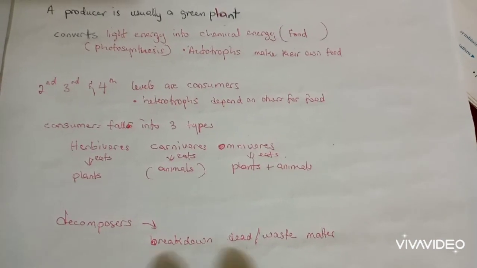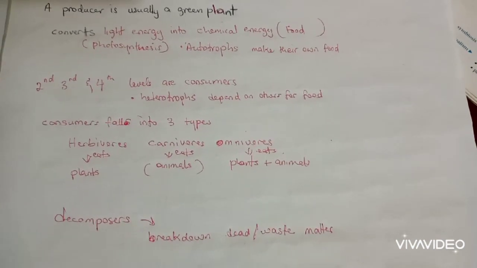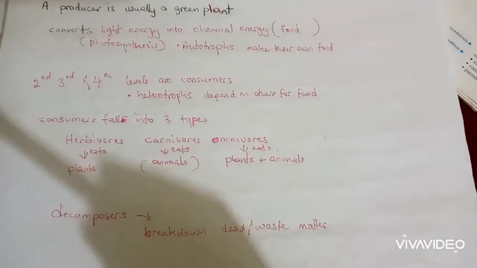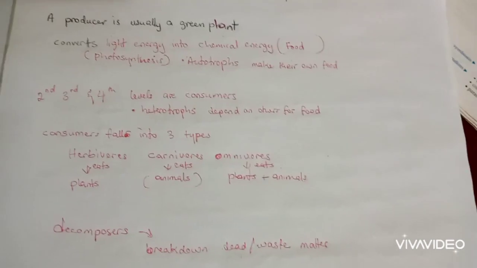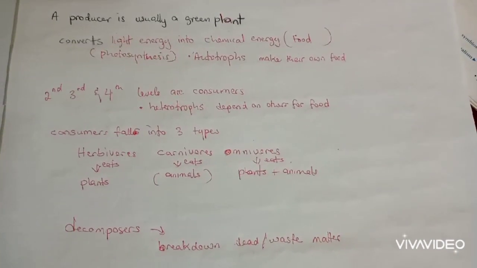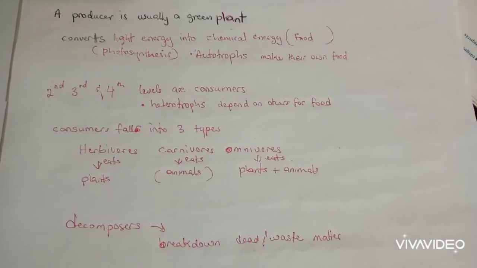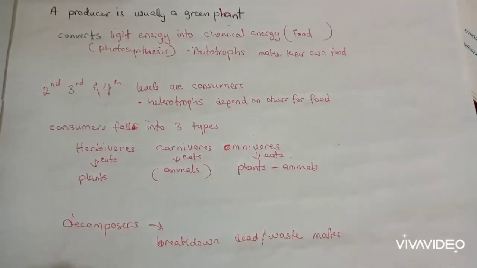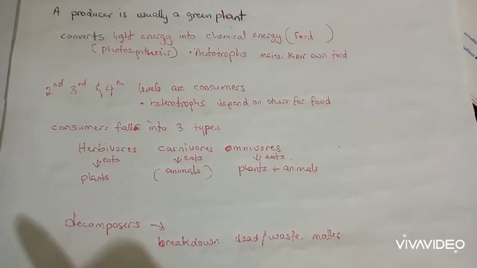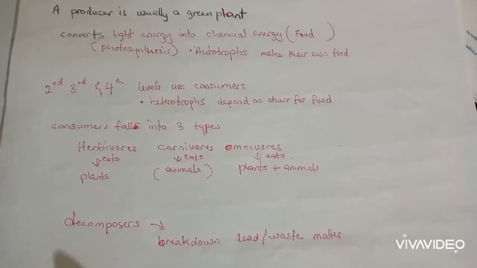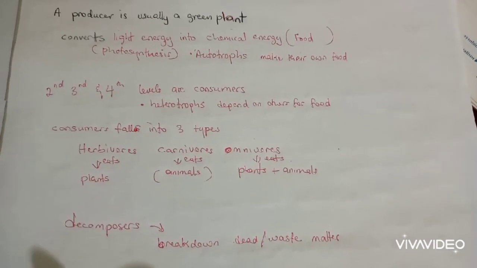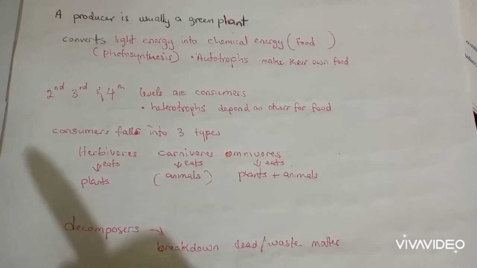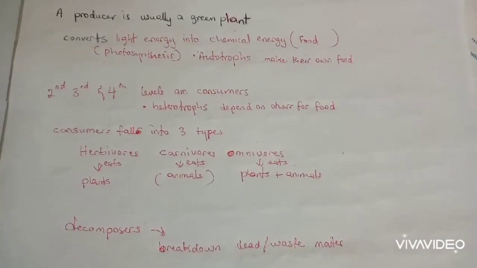So you know that all organisms usually produce waste because as consumers, they are not 100% efficient, so they will produce waste in the form of urine, feces, etc. And even when the organisms die themselves, their bodies are broken down by decomposers. Decomposers include fungi and bacteria.